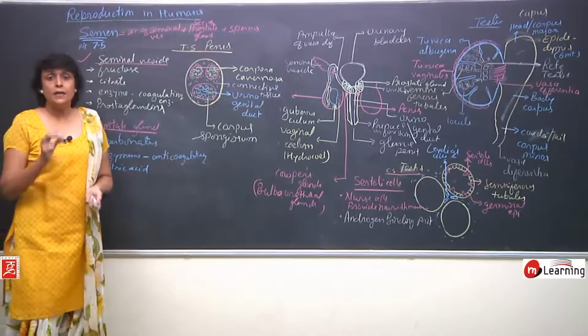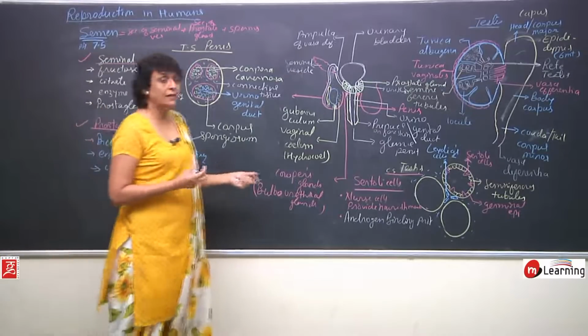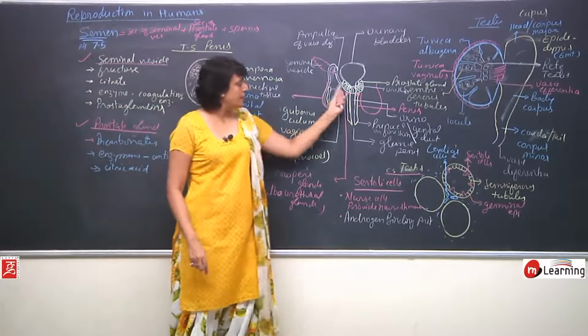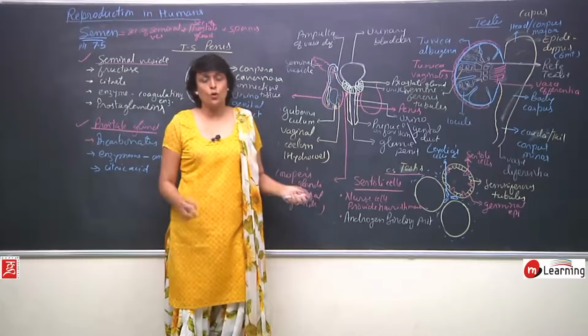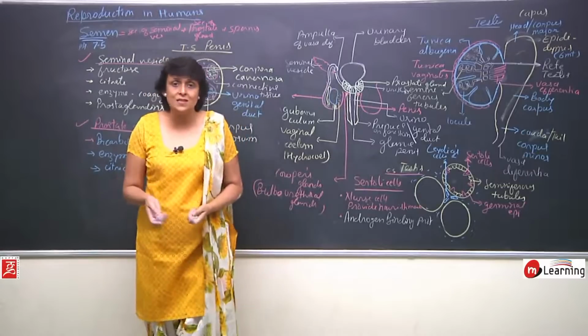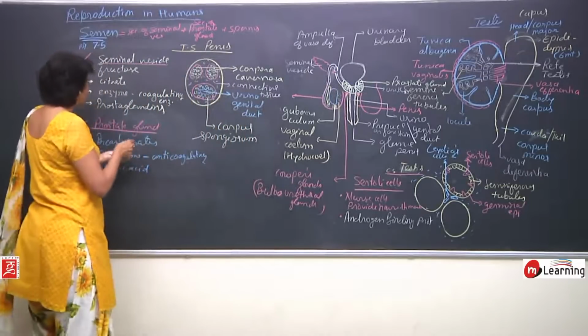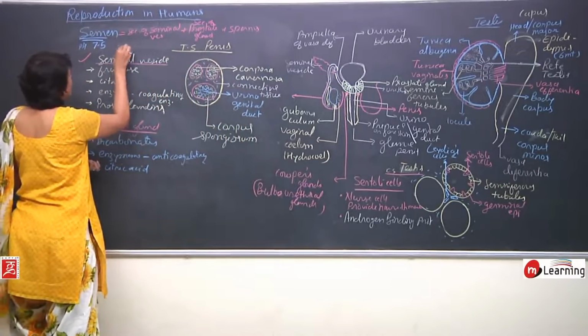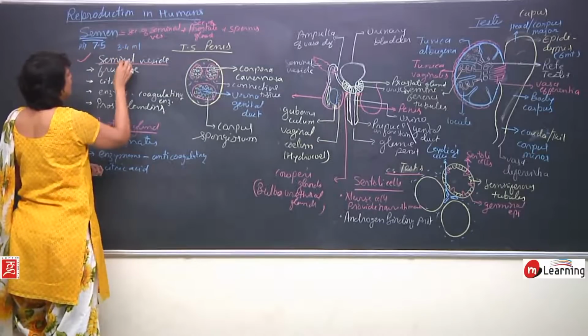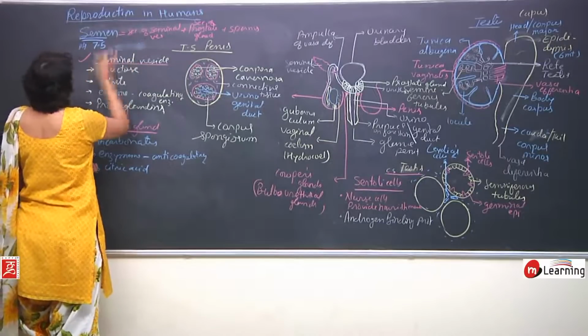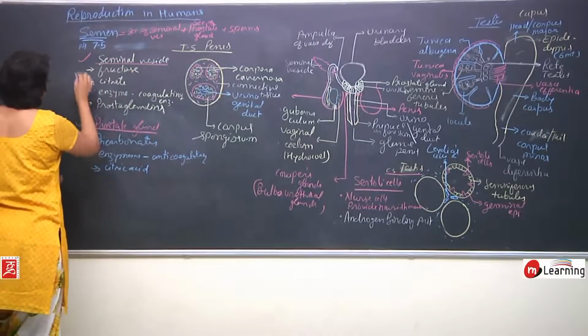In one ejaculate, that means one time when the semen is released, the quantity of semen is about 3 to 4 milliliters, or let us write it here.